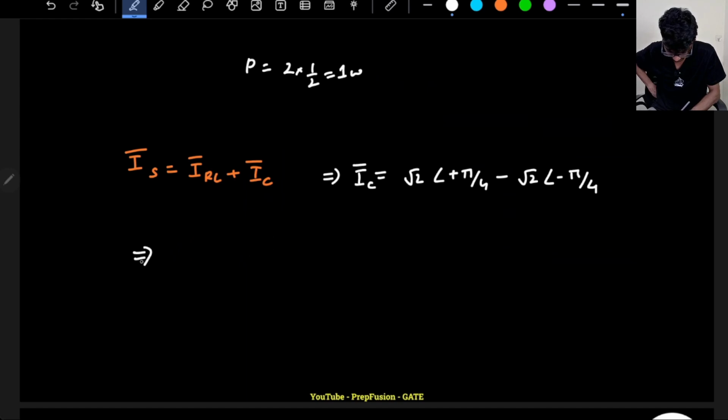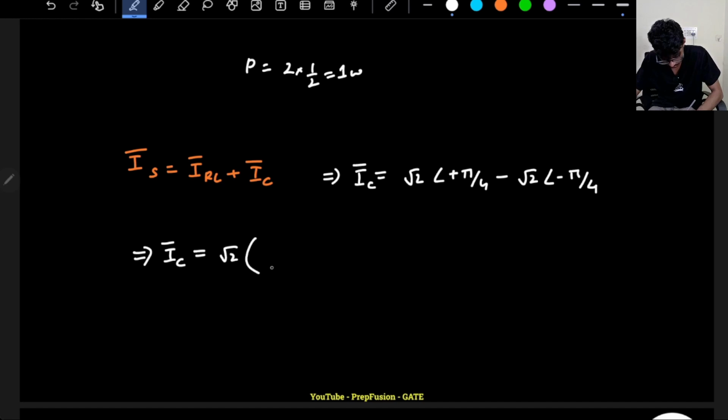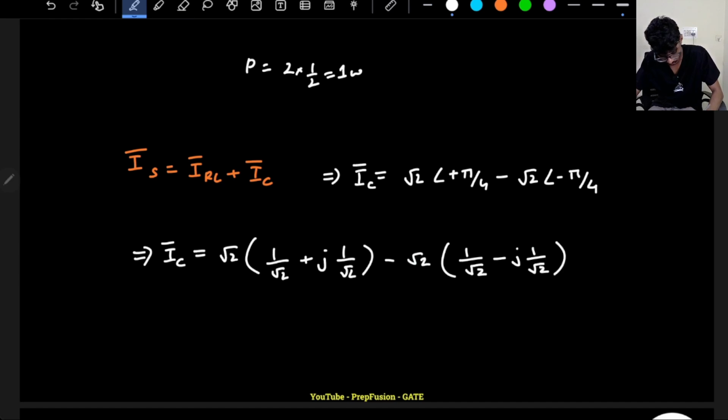So this value IC will be equal to root 2 into 1 by root 2 plus j 1 by root 2, minus root 2 into 1 by root 2 minus j 1 by root 2.